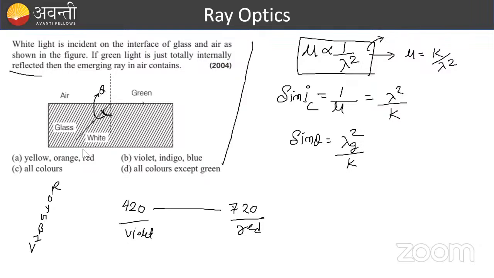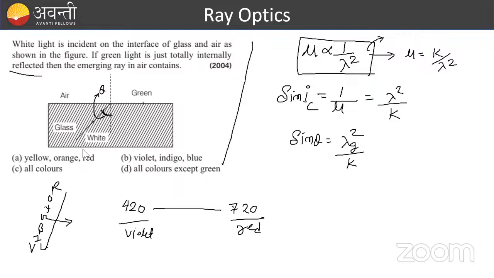So if you see that pattern, as we go down, what will happen? Wavelength will decrease, right? Green light is here. So for yellow light, orange light, red light, wavelength will be what? Greater than green light.